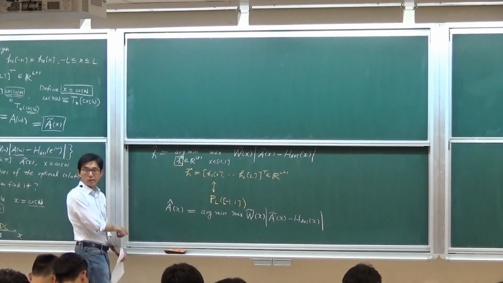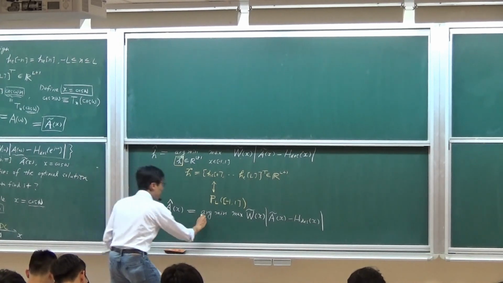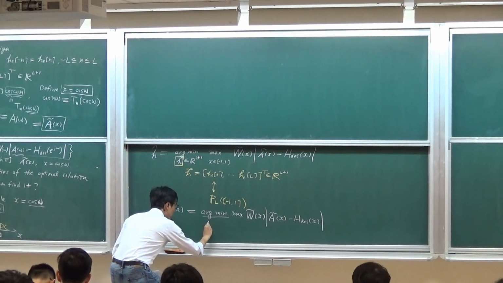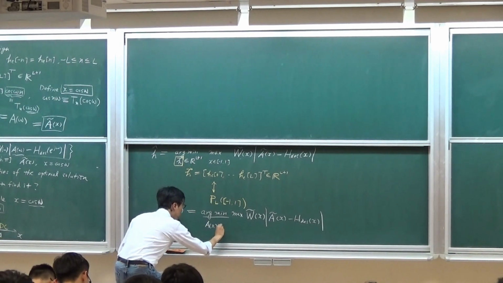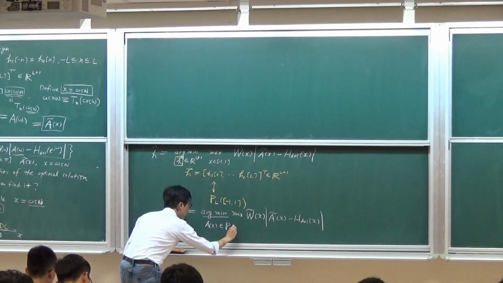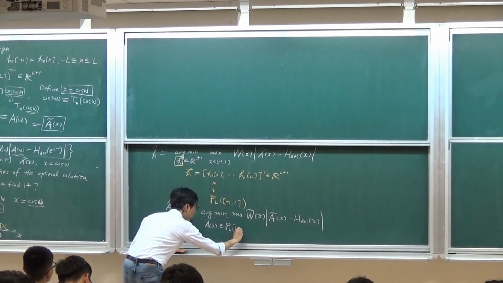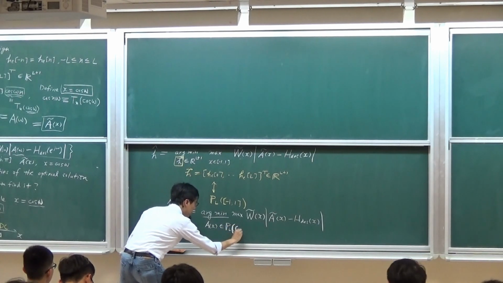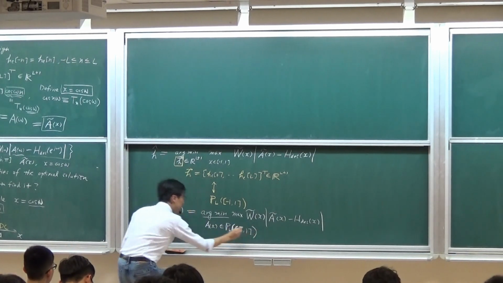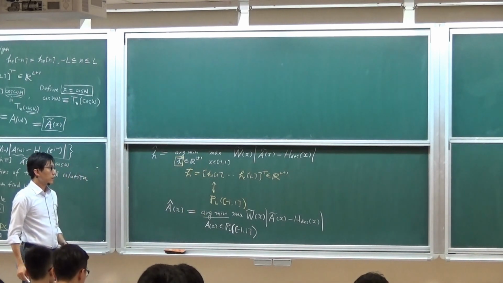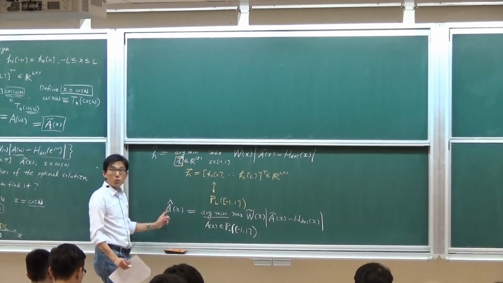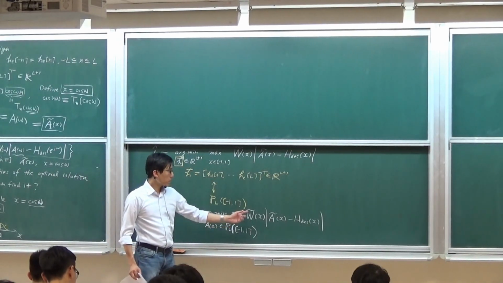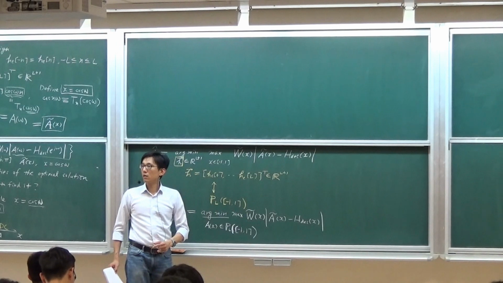This is now our new task. We want to find the argument, among all possible polynomials that belong to the set of L plus 1 order polynomials defined over the closed interval -1 to 1, such that this unique polynomial would minimize the maximum weighted absolute error.